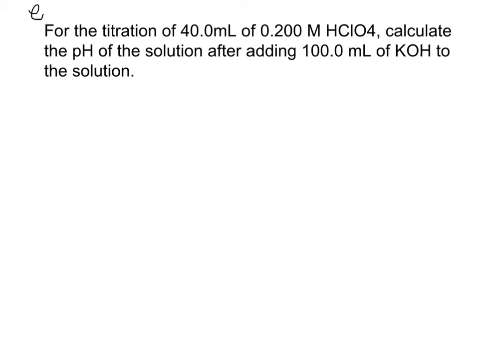Okay, we're going to do 53E. Here we are, same problem, same molarity of KOH, except this time we're adding 100 mils of KOH. So we know we're past our equivalence point.